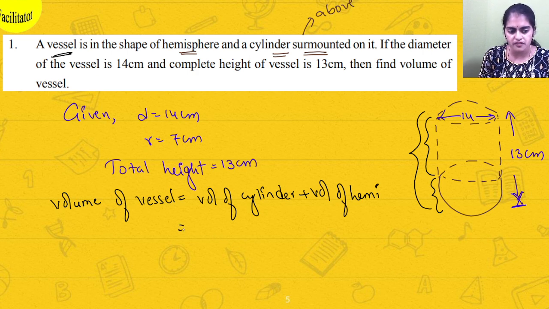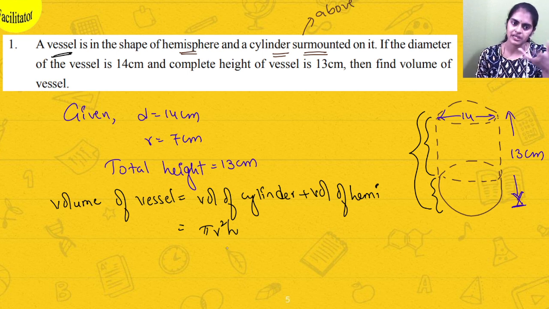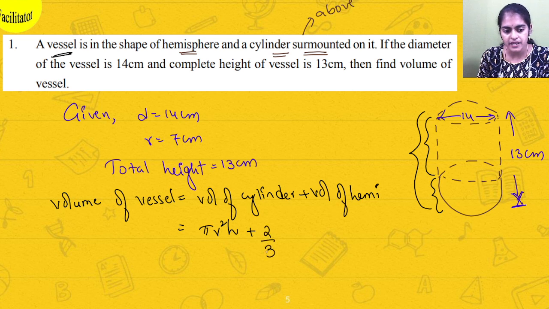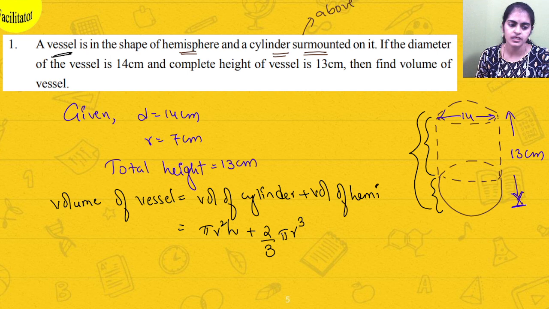The volume of a cylinder formula you should remember: pi r square h. What is the trick I told you for volume? It is area into height. The base is circular, so pi r square is the area of the circle, into h. Plus the volume of the hemisphere. Hemisphere is half of a sphere. For volume, you will always have r cube. So this is the formula.